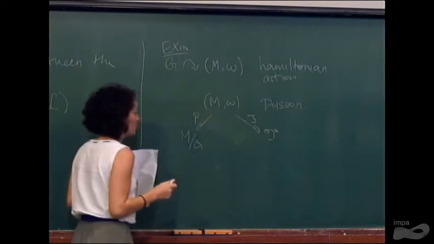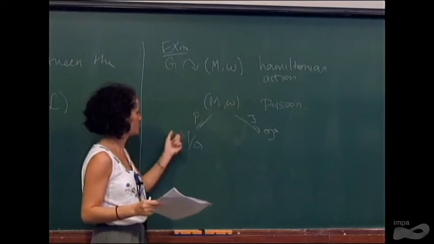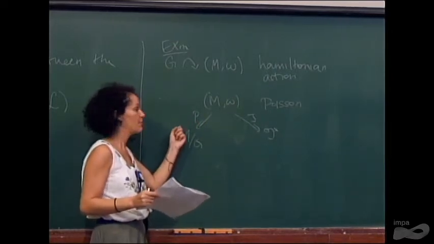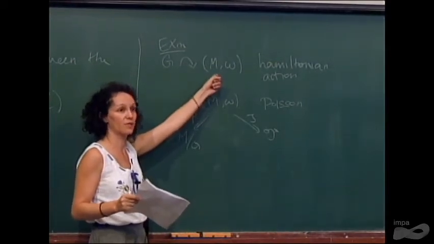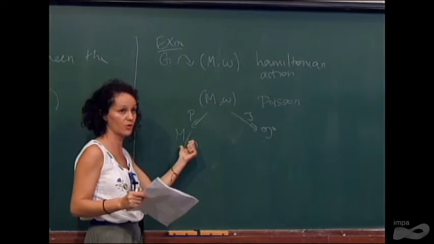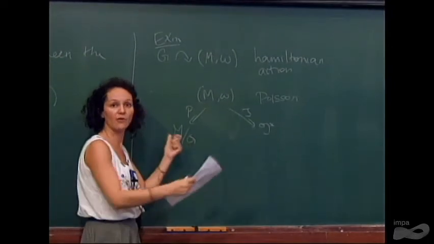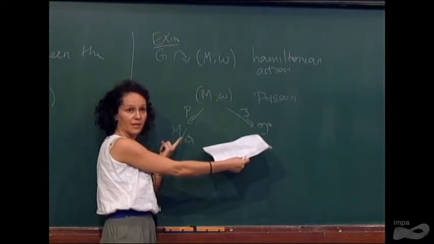This map J is Poisson, and for this map P to the quotient, because G preserves the form, you have a Poisson structure on the quotient. So how are these two geometries related?